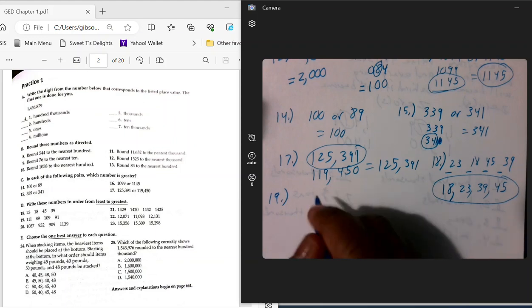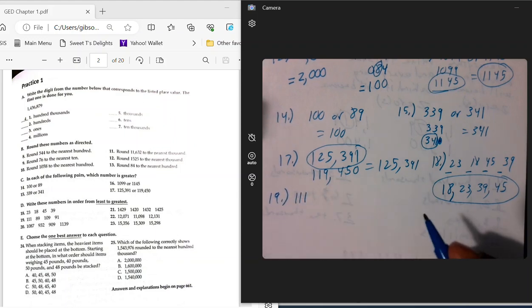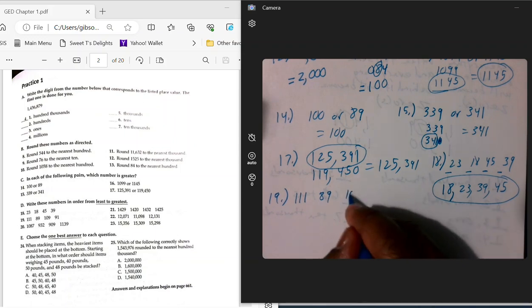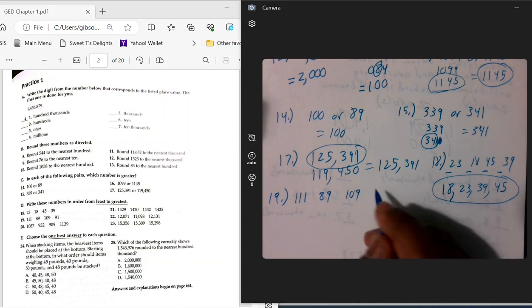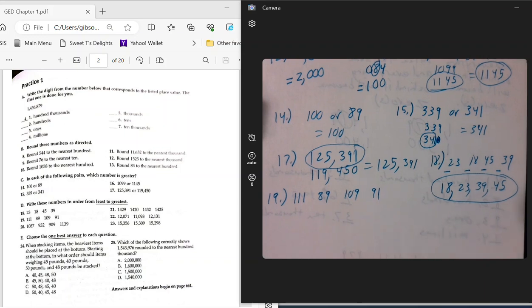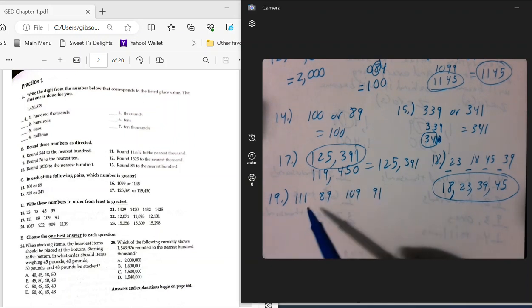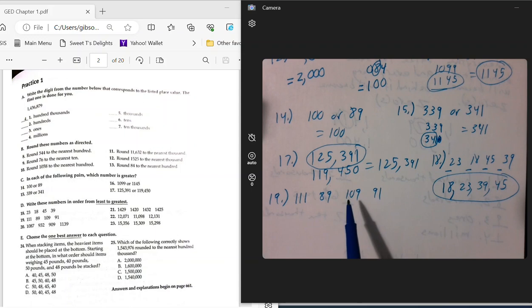Problem 19, we have 111. We have 89. We have 109. And then we have 91. Okay, so taking a look at this, you notice that we have 2 3-digit numbers and 2 2-digit numbers.